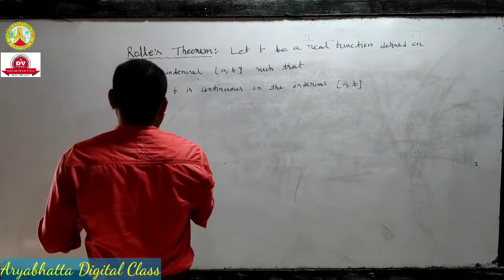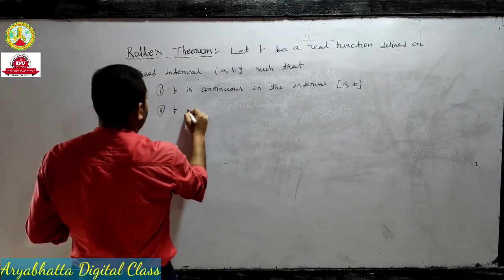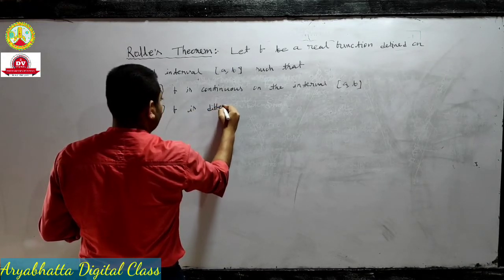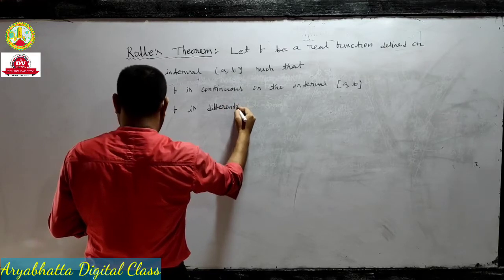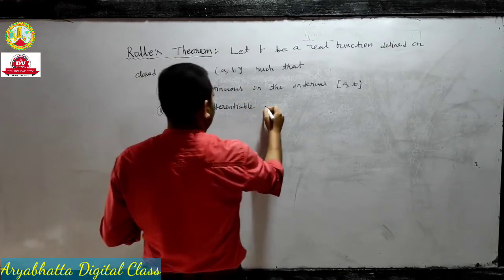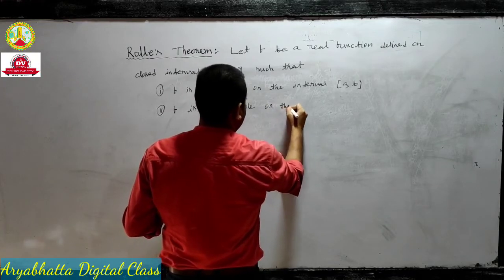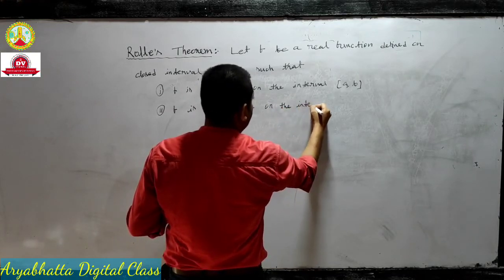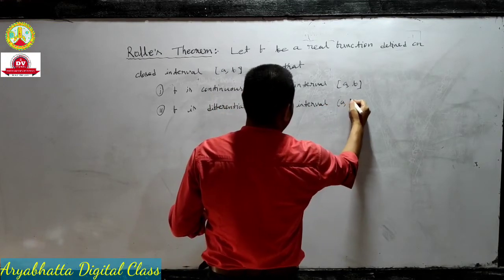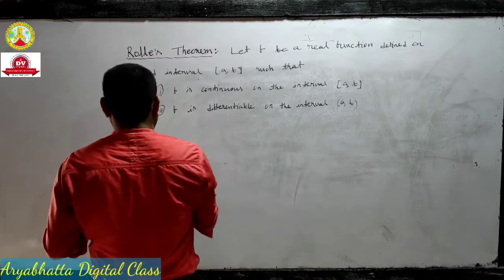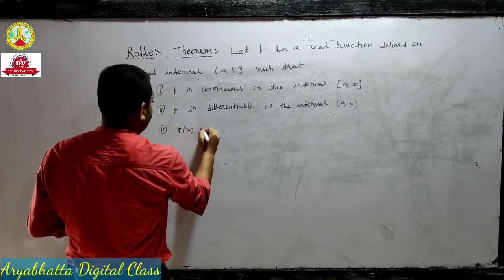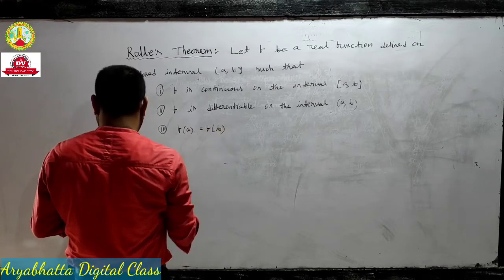Number 2, f is differentiable on the open interval a comma b. Next, number 3, f of a is equal to f of b.